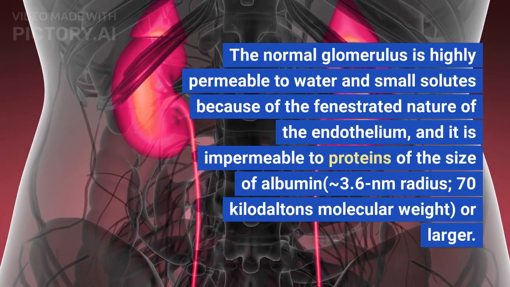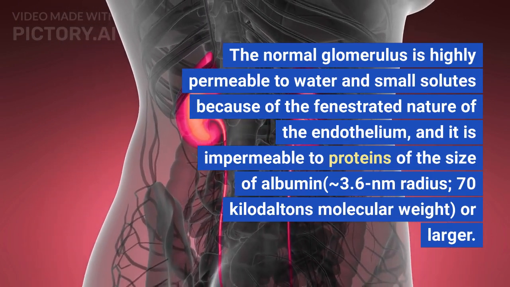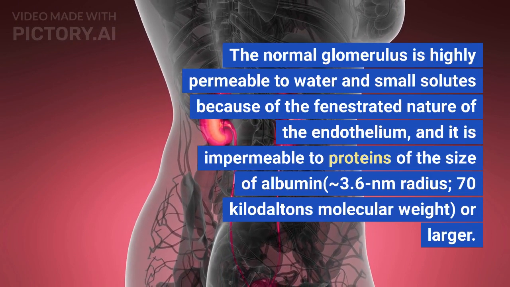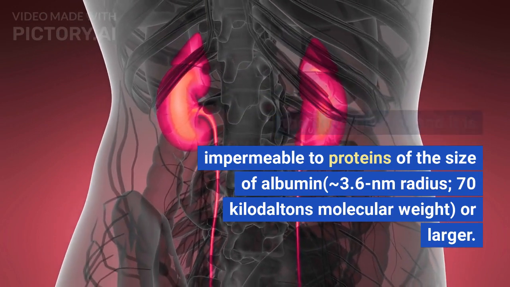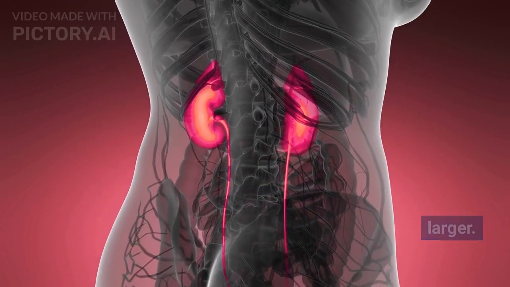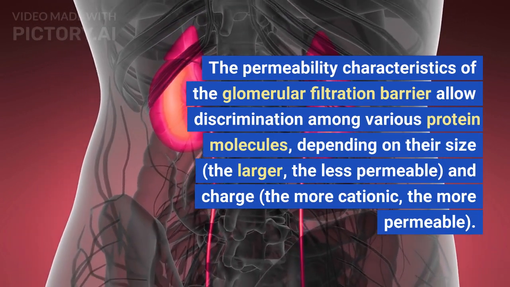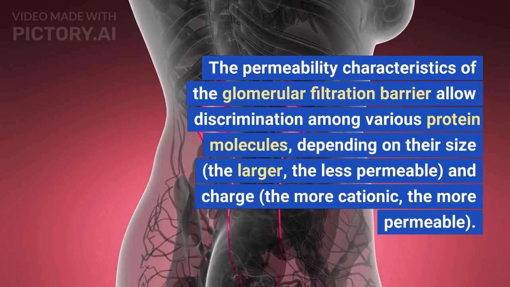The normal glomerulus is highly permeable to water and small solutes because of the fenestrated nature of the endothelium, and it is impermeable to proteins of the size of albumin, approximately 3.6 nanometers radius, 70 kilodaltons molecular weight, or larger. The permeability characteristics of the glomerular filtration barrier allow discrimination among various protein molecules, depending on their size.